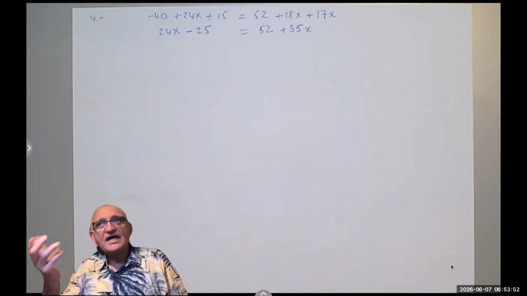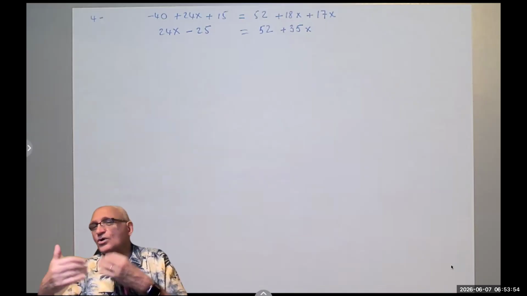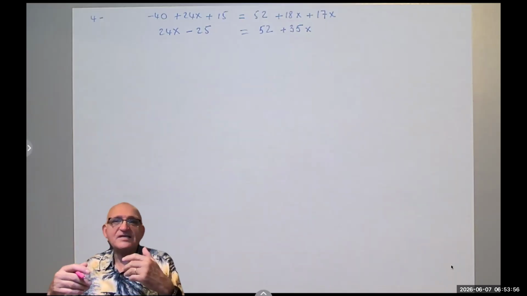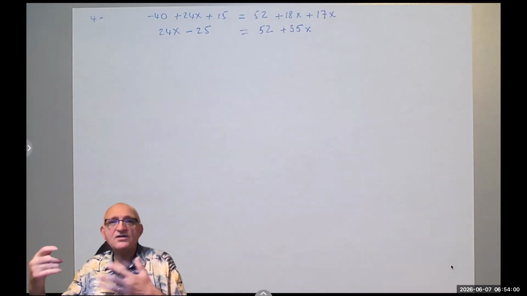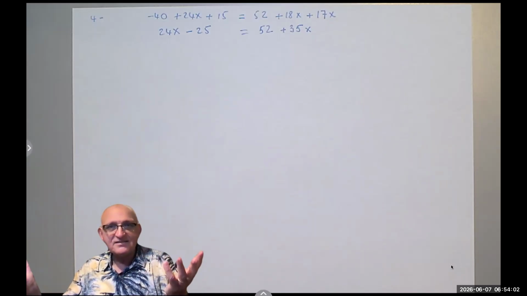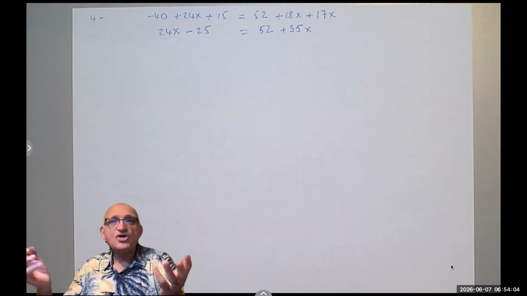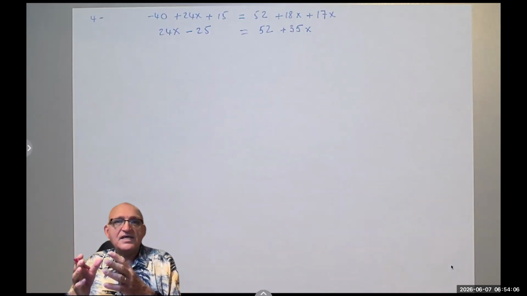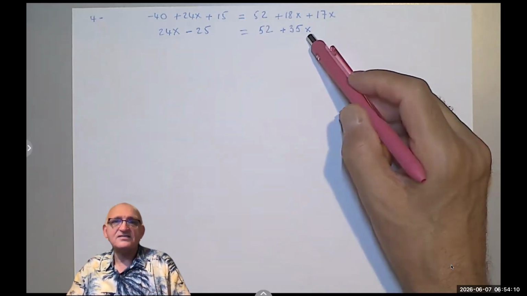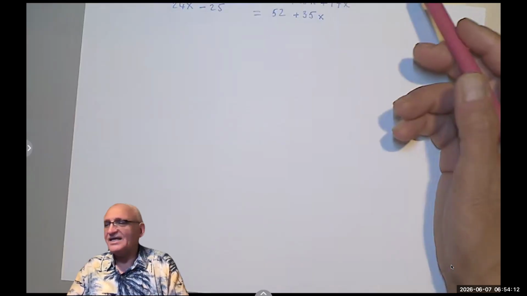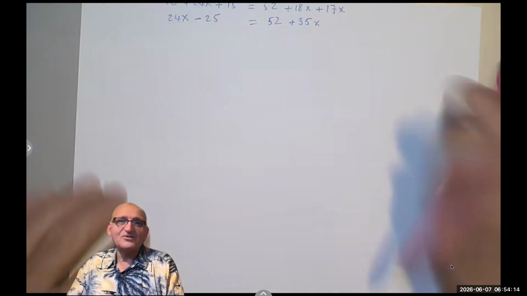Because remember, x in a word problem may be, for example, a number of tickets or the cost of something you buy. So it's not a number. It's how many x's do you have? And you tell me, what is x? Again, it depends on the problem.